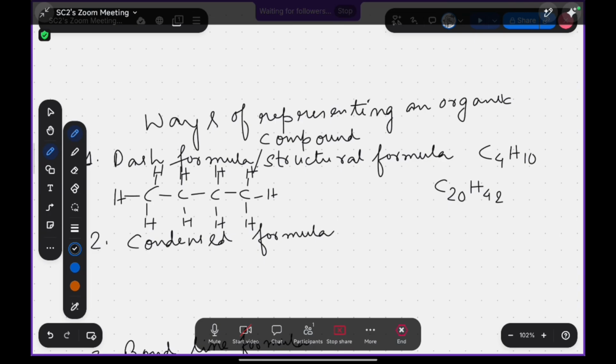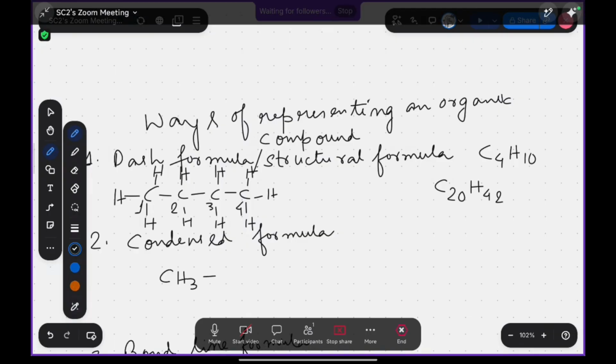For example, if I denote the carbons as 1, 2, 3 and 4, I can simply write down CH3. See, the first carbon, which I have denoted as 1, has 3 hydrogen atoms. So I have written it as CH3.